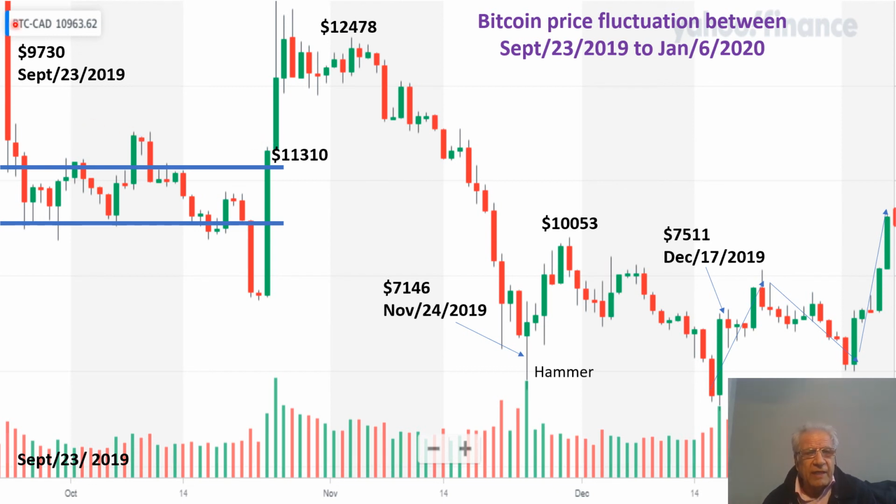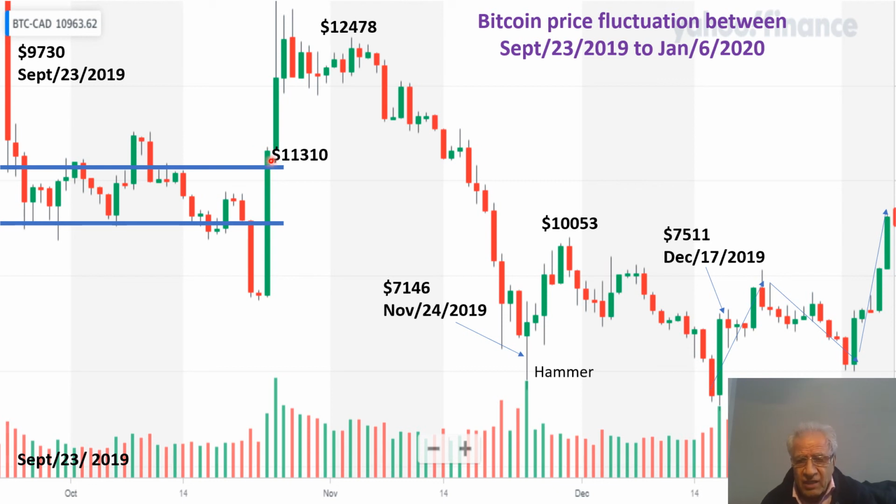Now, the price here on September the 23rd, 2019, it started at 9,730 and it's coming down and going in a range band between these two narrow bands, fluctuating between these two, and eventually broke the support and had a pullback again, entered the range and broke the resistance and went out and closed here.